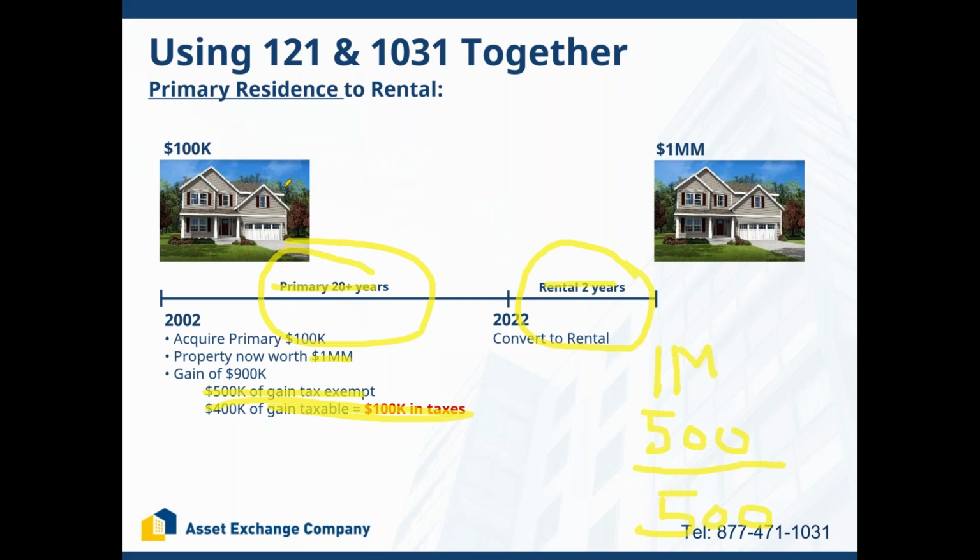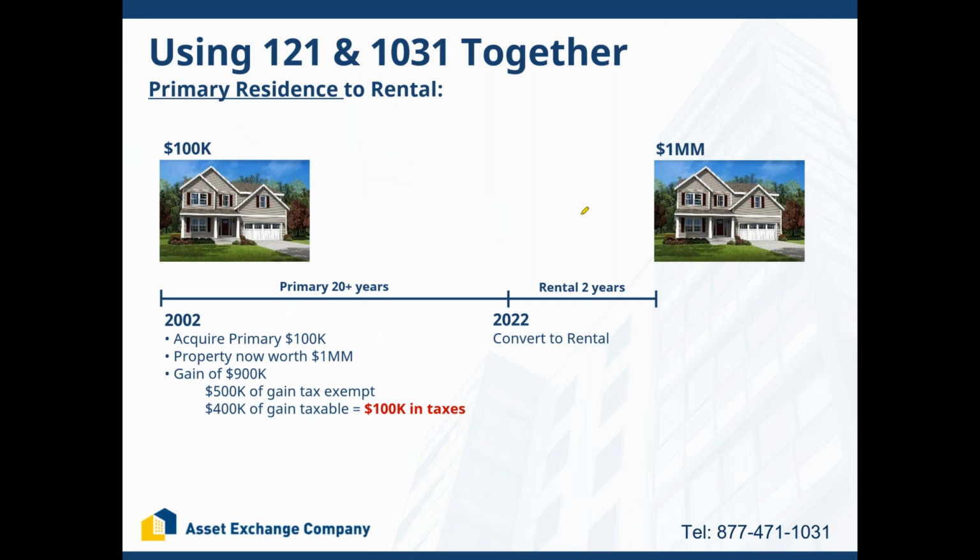The client used this strategy and saved over $2 million in taxes. This is a gold mine for your clients who have lived in their properties for a long time, because it gets them to sell the property at zero tax consequence.